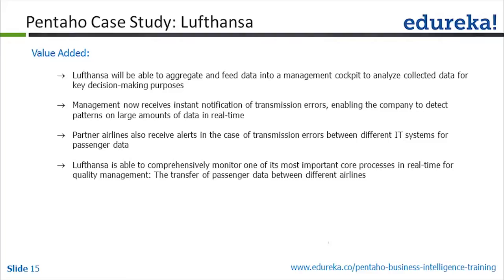Lufthansa is able to comprehensively monitor one of its most important core processes in real time for quality management, the transfer of passenger data between different airlines. Of course, that was required, so that whenever you do check-ins or boarding passes and everything, the data is available to different partner airlines in real time.